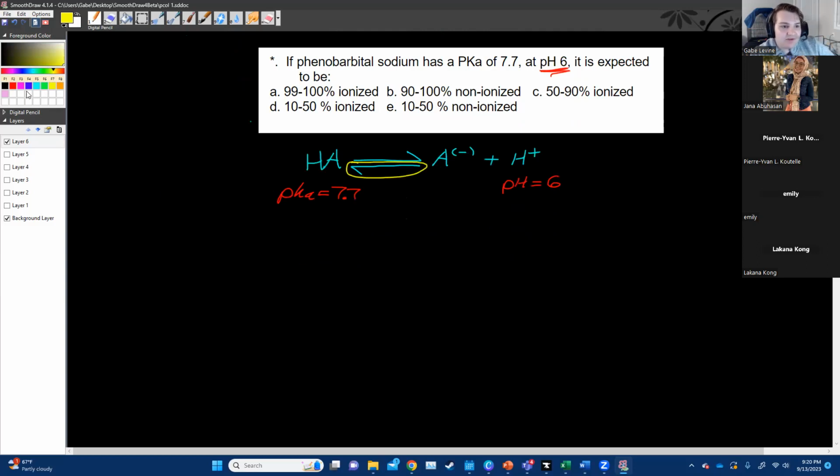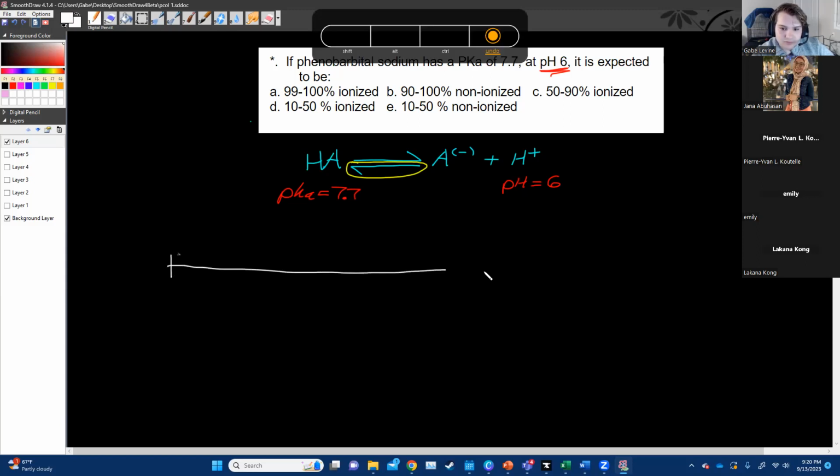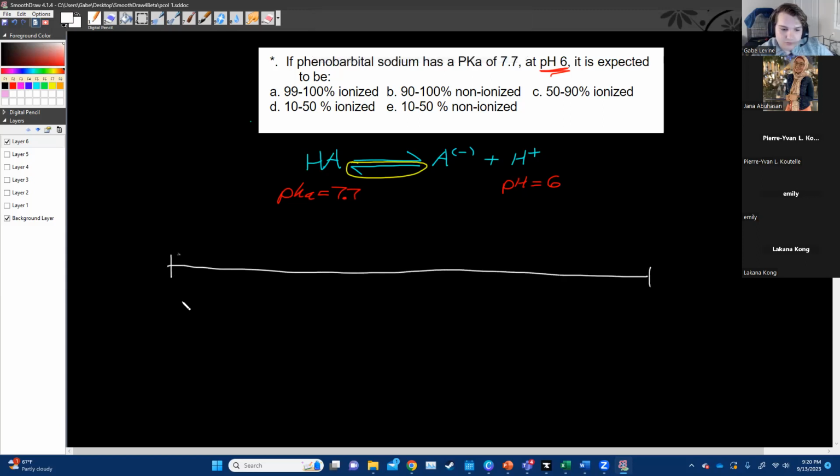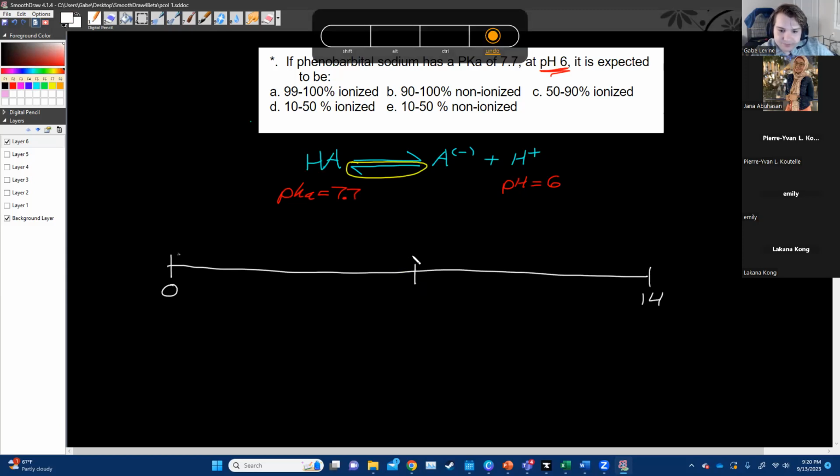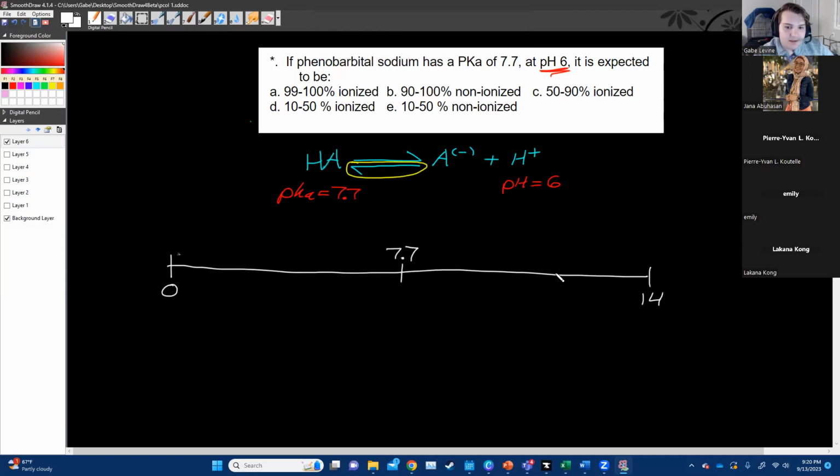So when we construct our number line, zero, 14, 7.7 in the middle, going towards 6.